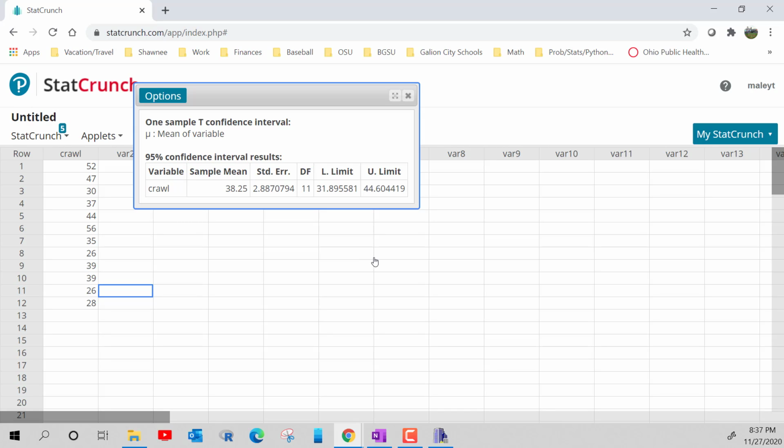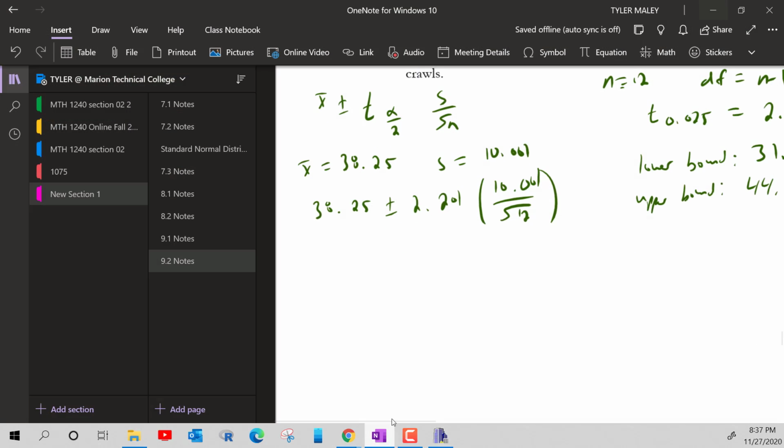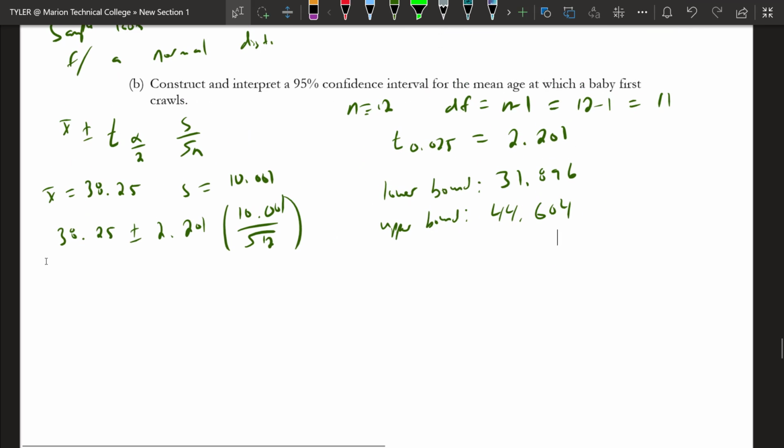So then one thing that we didn't do yet for this question was the interpretation. So let me write up the interpretation.